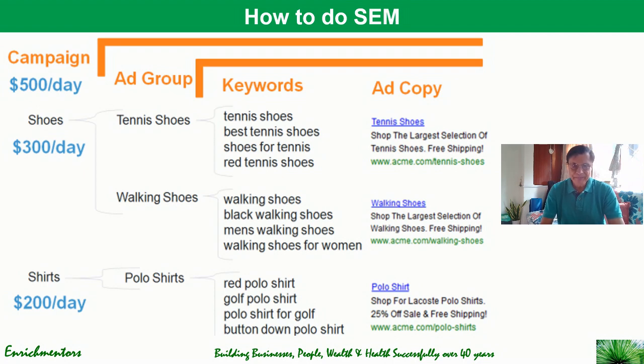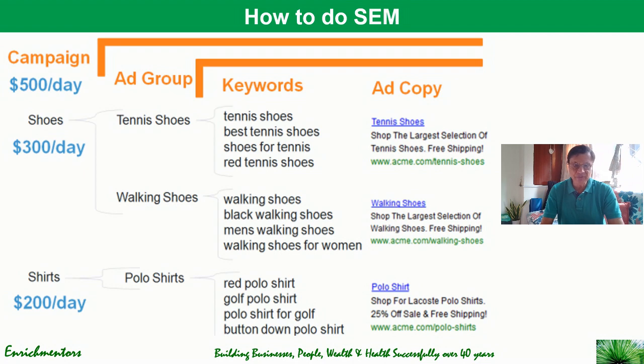And then you create what are called ad groups. Ad groups are basically the usage of your shoe. One is as a tennis shoe, the second is a walking shoe. The ad groups will define the different keywords and different ad copies. And similarly for shirts, you create a different ad group, define the keywords and ad copies, and then you start to run the campaign.